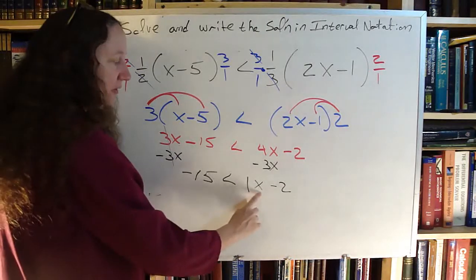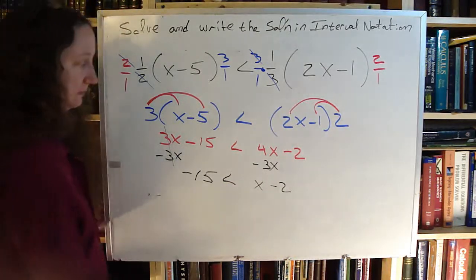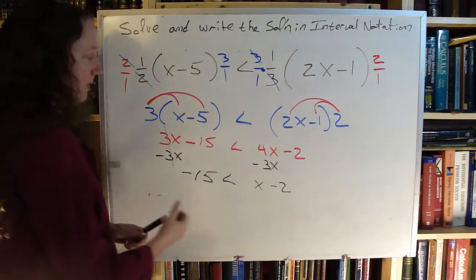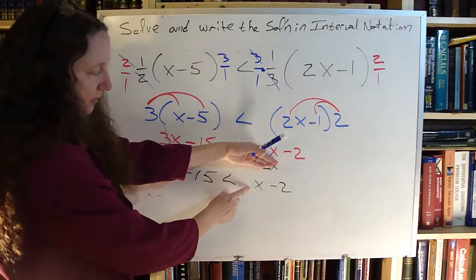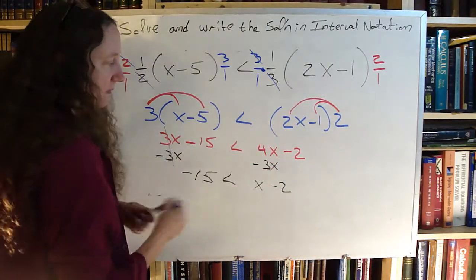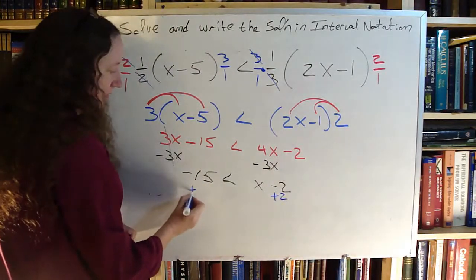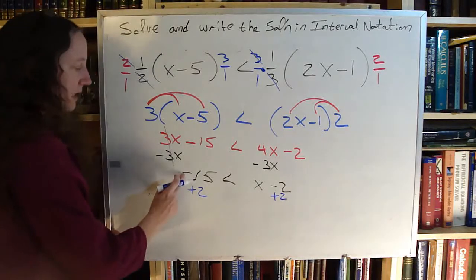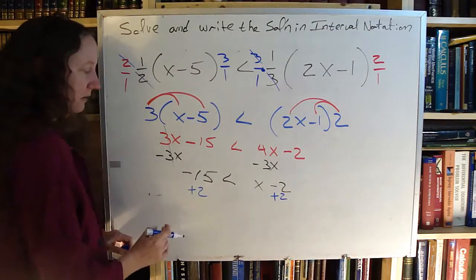One times x is just x. I don't need the 1 there. So now I look, no x is showing up over here. My x shows up only 1 time there. I have to get rid of this 2 here. I add my 2. Negative 15 plus 2. You owe $15.